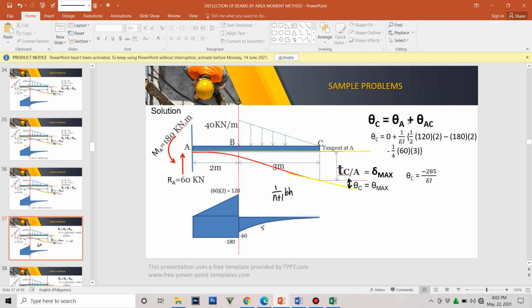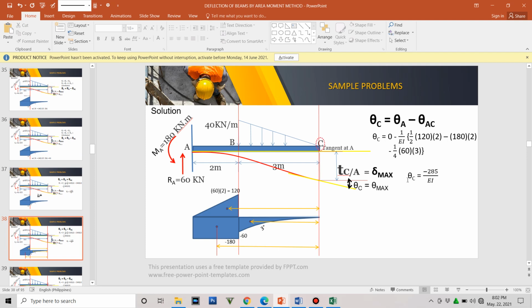No problem here. Let me correct this, that we'll just maintain the arithmetic positive. Anyway, in our calculation, it will just yield a negative value. So, theta C is really negative 285 all over EI. Okay?